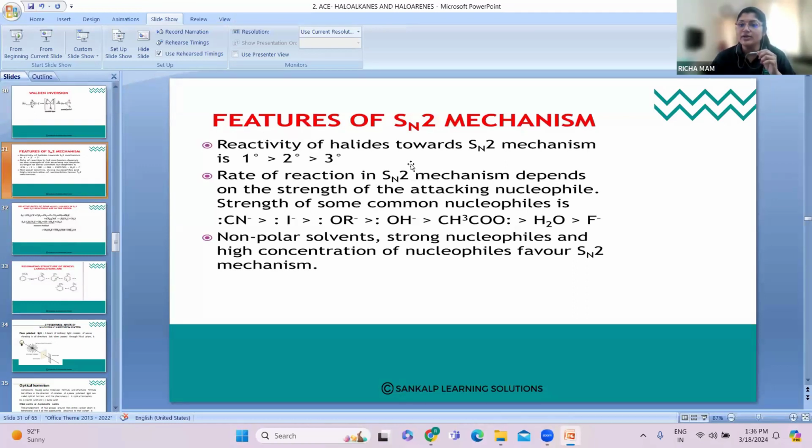So making of the bond and breaking of the bond take place simultaneously. Now, when we are talking about the reactivity of halides towards the SN2 mechanism, primary alkyl halides are more reactive, then secondary, then tertiary alkyl halides. This is about your SN2 mechanism.